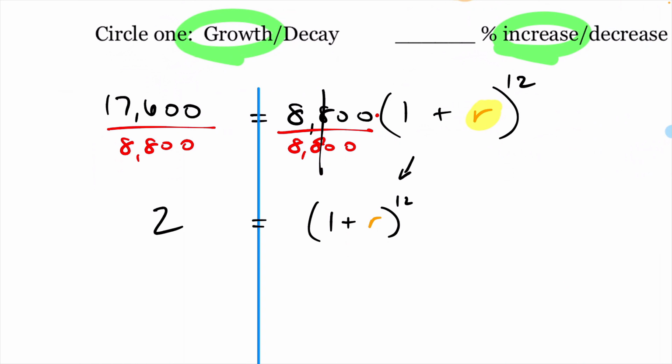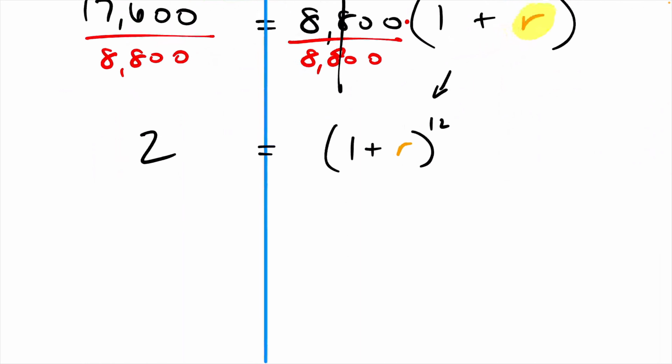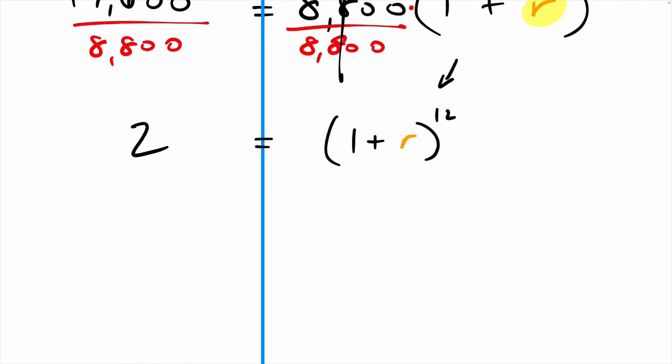Okay, so now I'm here. I got rid of the 8,800. Now, can I subtract 1 from both sides to get R by itself? Not yet. I can do that, but not yet. That's going to be my next step. I have to get rid of that power. So what's the opposite of a power? A root. Here's the trick though. The power and the root have to equal the same number for them to cancel out.